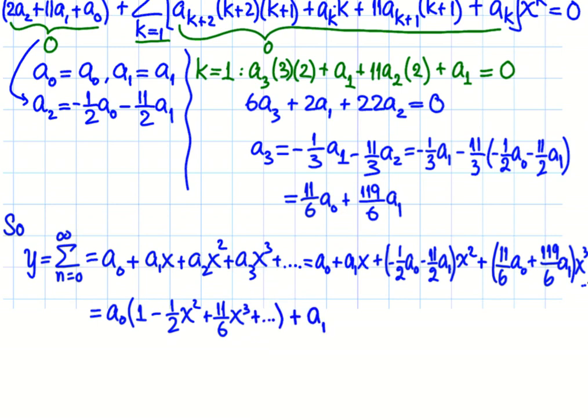And then the other series with A1, we start from x plus, actually minus 11 over 2 x squared, A1 factored out, and then plus 119 over 6 x cubed, and the series goes on. And that's what we have.